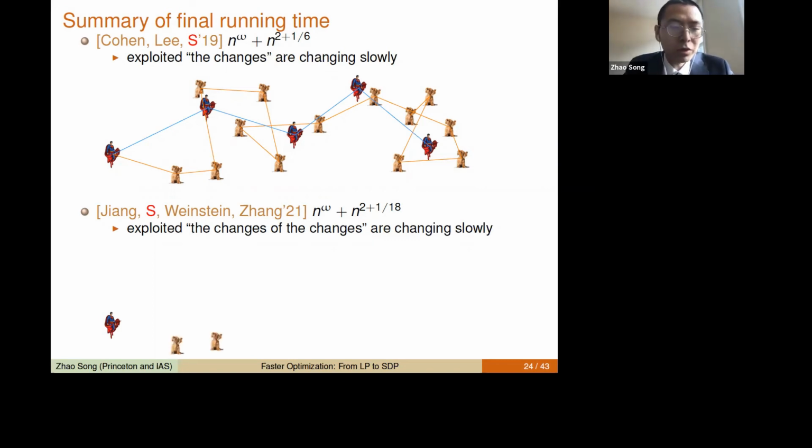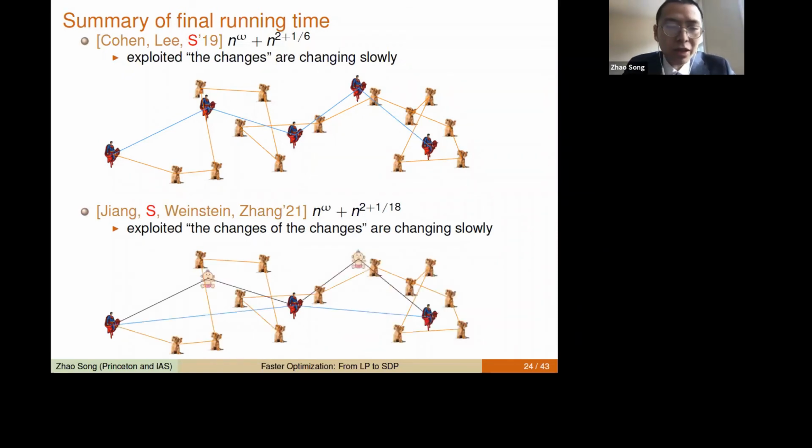For example, when the dog moves, this time the child moves but the human doesn't move. But when the dog moves, this time the child moves and the human also moves. And eventually, the same thing, you need to prove the total length of the trails is much smaller. That's how you improve the bottleneck from 106 to 118. This is basically the high-level idea of our new paper.